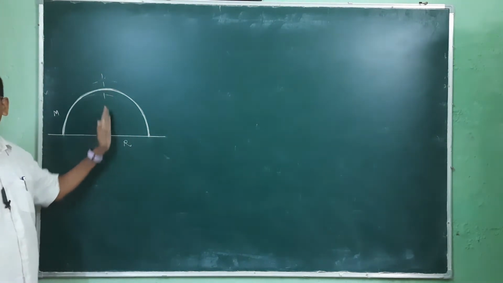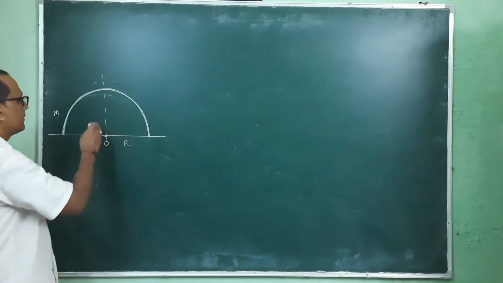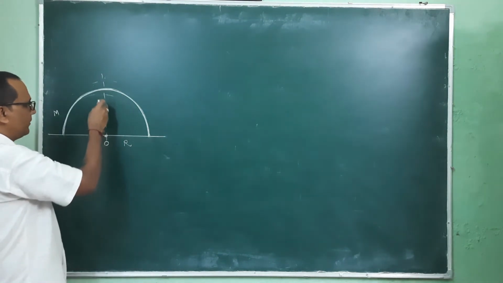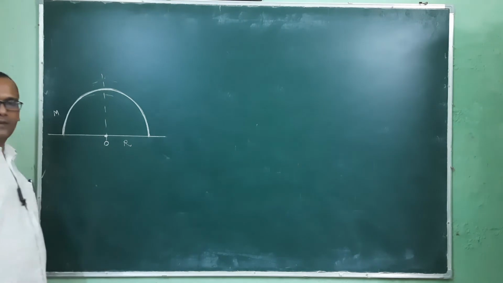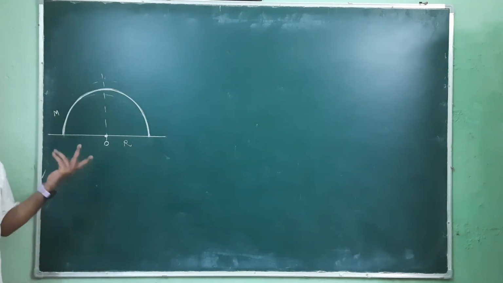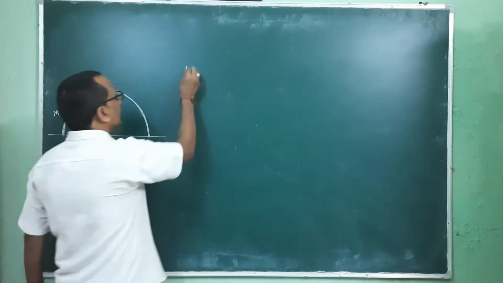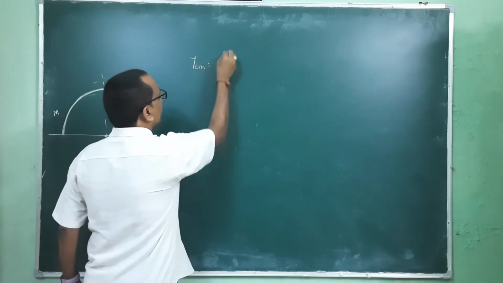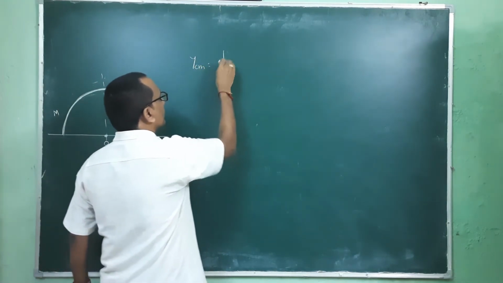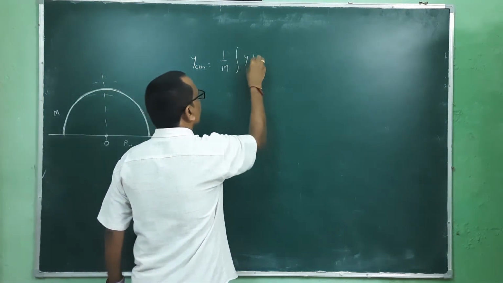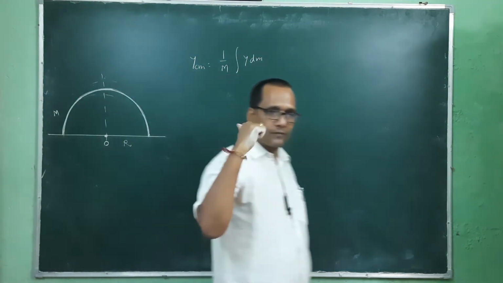Along the y-axis this is extended, so the center of mass will be situated somewhere here. So we will use the y component in this case. Again we have to calculate YCM equal to 1 by M, integral of y dm. We will use this formula.